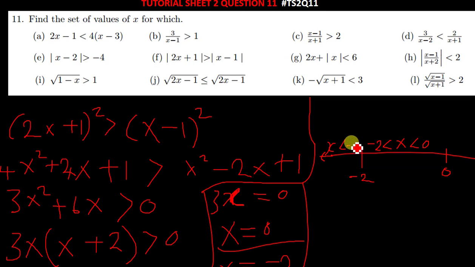We have x less than -2 on this side, and x greater than 0 on this side. So we first test this other part. Any number that is less than -2, we get -3. We put -3 there. -3 plus 2, we get -1. -1 times -9, we get +9.